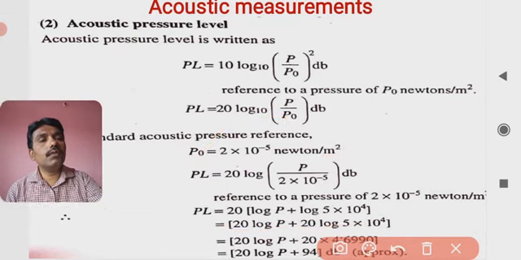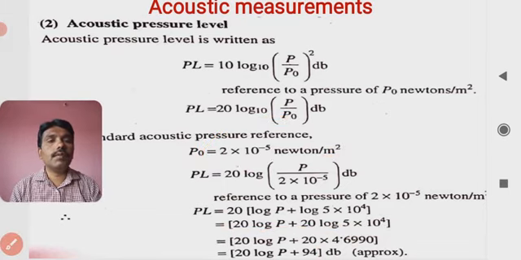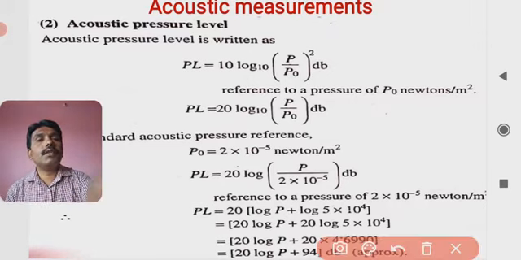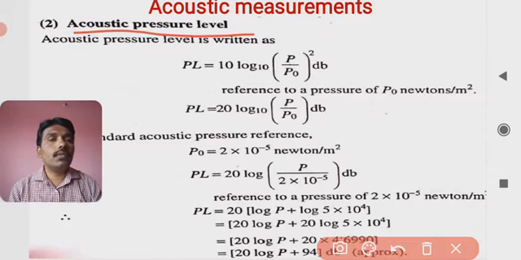If we calculate all these things, it becomes 20 log P plus approximately 94 dB. So this is how the acoustic pressure level is calculated.